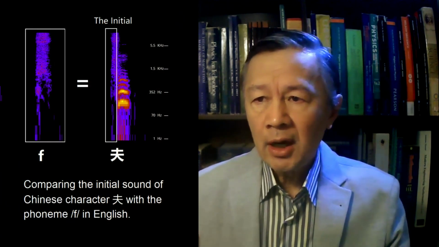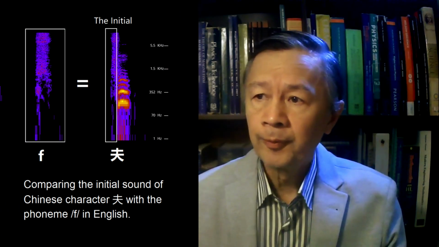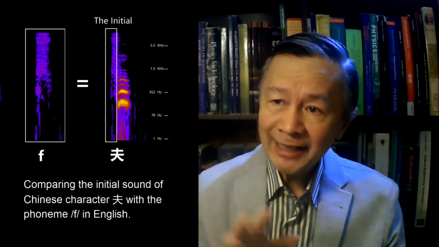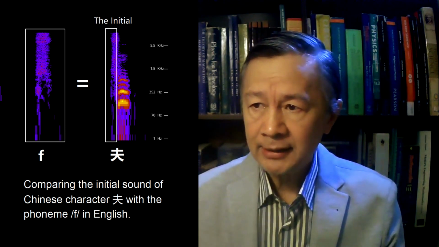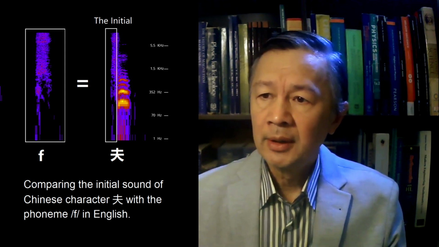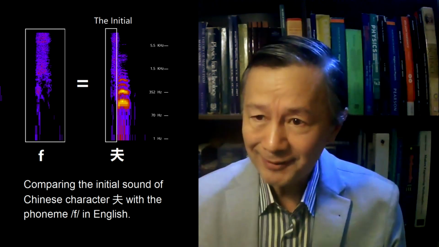As shown in this audio spectrograph for the Chinese character fu, it is clear the initial sound f can be isolated by cutting and removing the rest of the syllable. So this f sound is one of the phonemes.